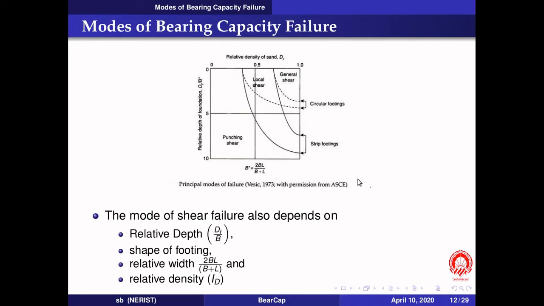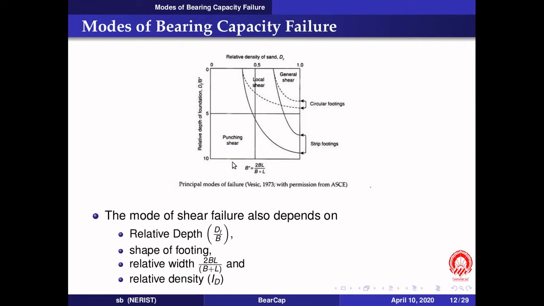This figure was given by Vesic in 1973, who studied a number of foundation failure cases, and he found that these are the zones in this graph where relative density is plotted from 0 to 1 in this direction, and relative width is plotted, and in this direction relative depth of the foundation is plotted.